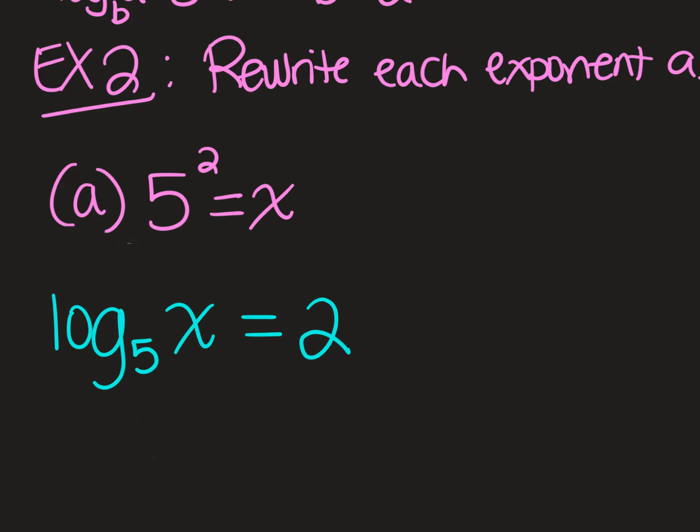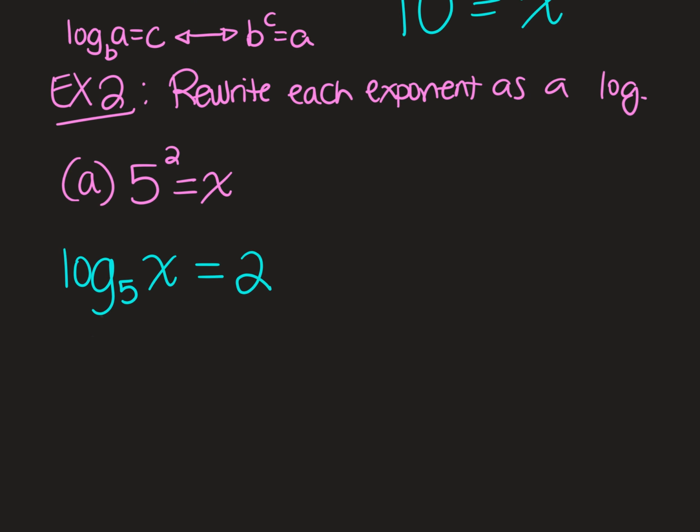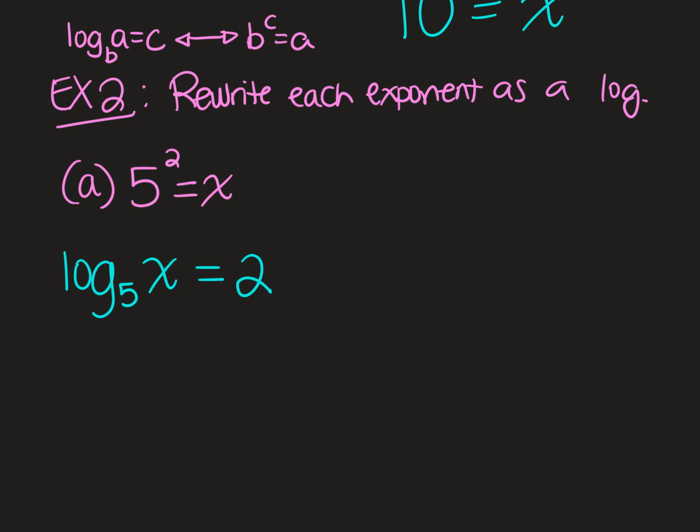You can use that to help you rewrite, but just understand that you're trying to put the pieces in place. You're trying to go from one form to the other. In the exponential form, it's a little bit easier to see what's happening. I could tell you that x would be 25, but I want to just get us in the habit of being able to go from one form to the other.